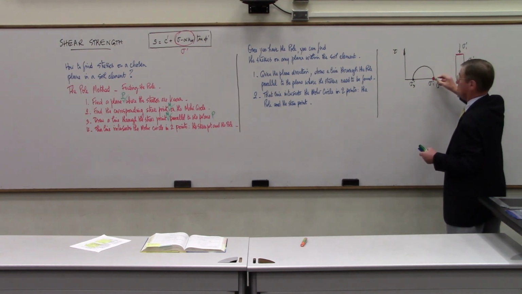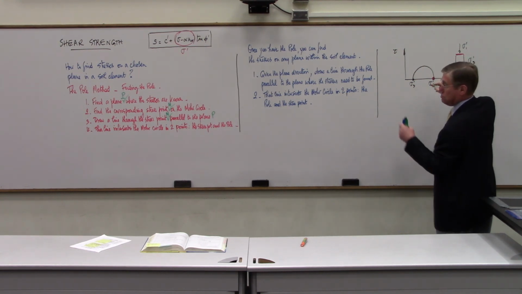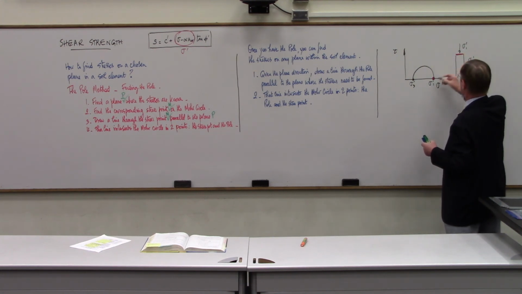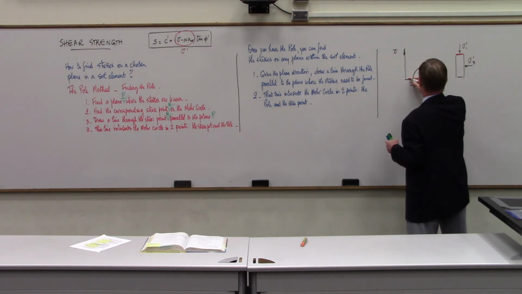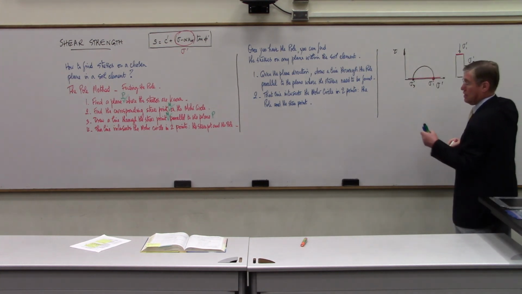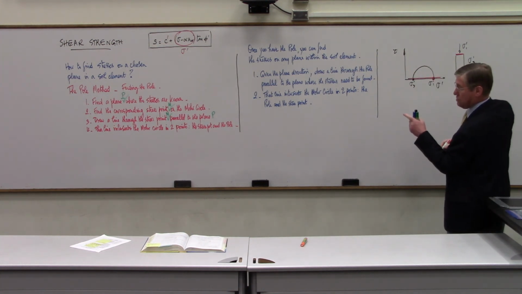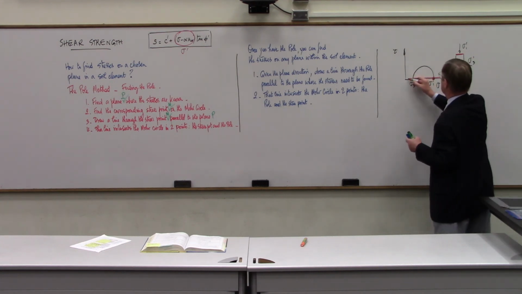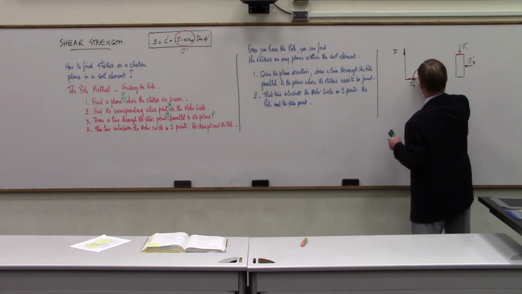So that one is here. Draw a line through the stress point M parallel to the plane. So I'm going to draw through this point a line that's horizontal. That line is right here. This line intersects the Mohr circle in 2 points, the stress point and the pole. So therefore, the pole is right here.